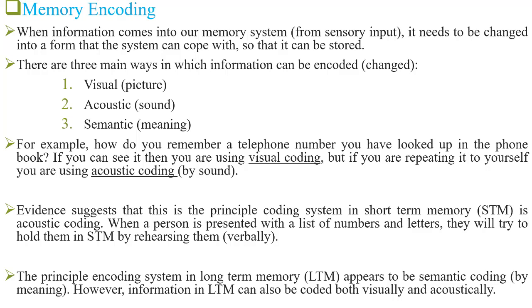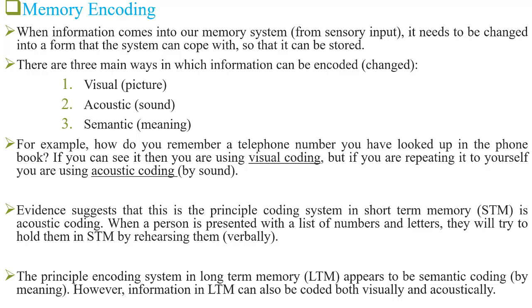So this information needs to be changed into a certain form so that it can be stored. So there are three main ways in which information can be encoded, that is changed. Either visual, okay, in form of pictures. We have acoustic, that is in the form of sounds, okay, verbal. And then we have semantic, that is in the form of meaning.